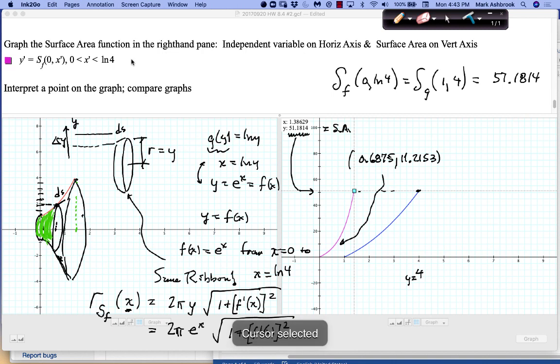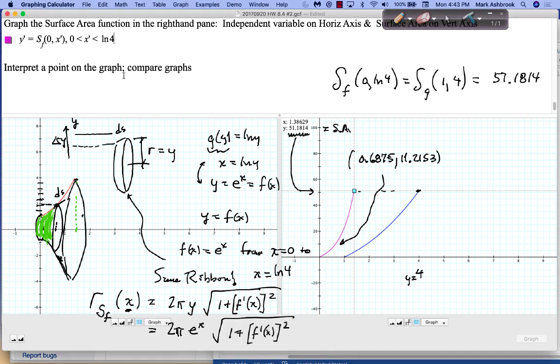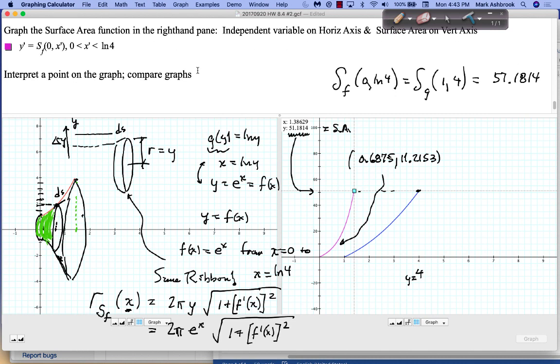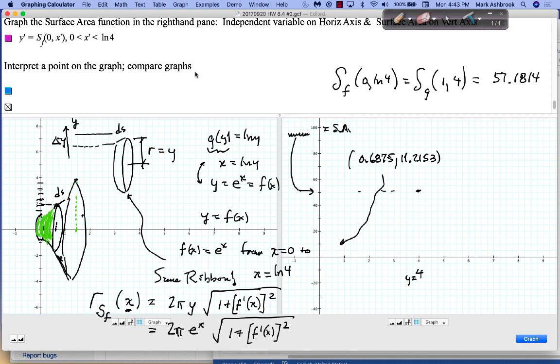And so I can just confirm that with our function here. S f of 0, ln of 4, 51.1814.